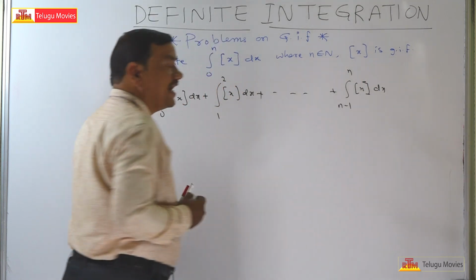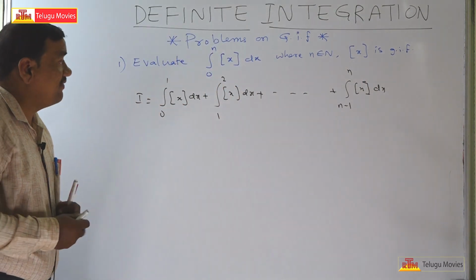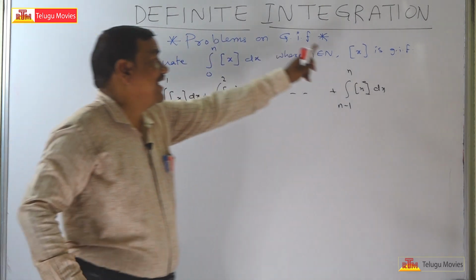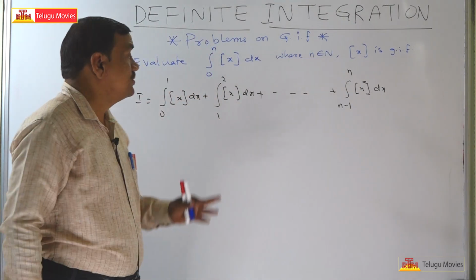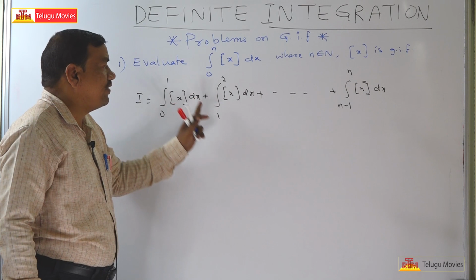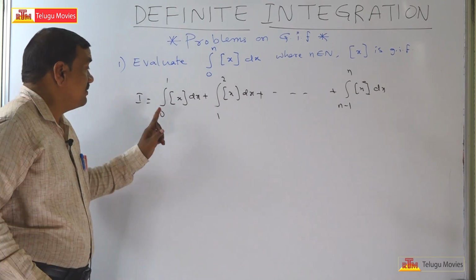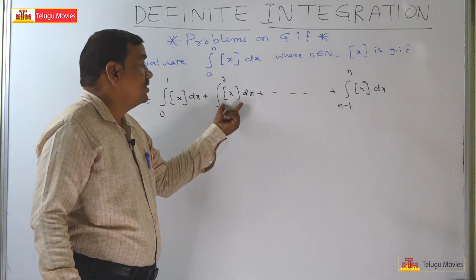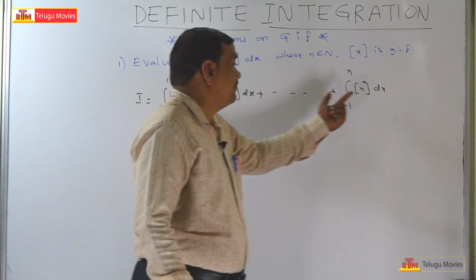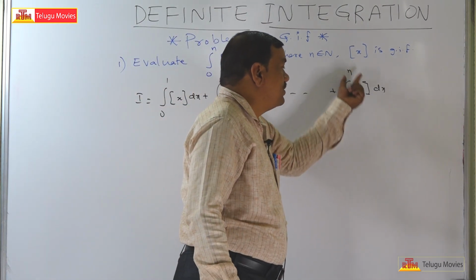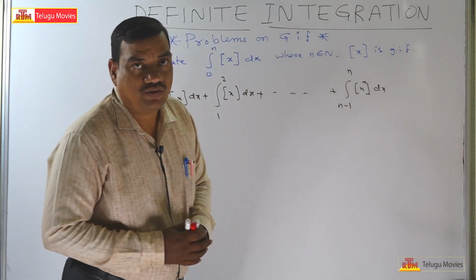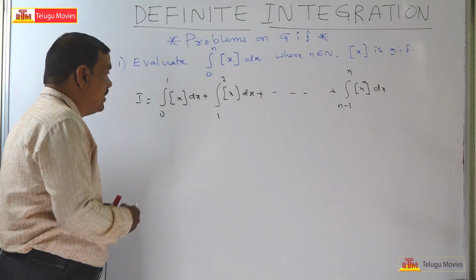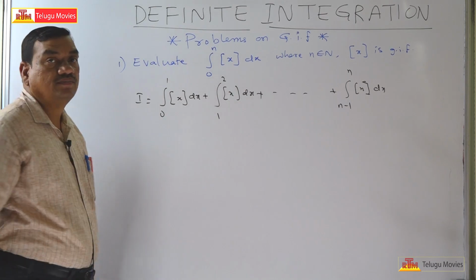Like that I divided the interval 0 to n into subintervals, that is 0 to 1, 1 to 2. Why? Because from 0 to 1 the [x] value we know, from 1 to 2 we know, and from n minus 1 to n we know.